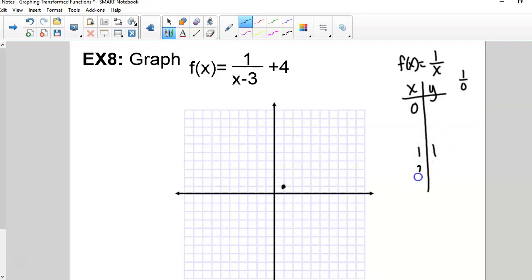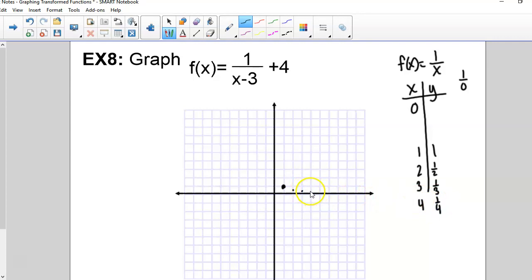Now if I plug in 2, I get 1/2, which is right here. And then 3 would be 1/3, which would be right here maybe. And 4 is 1/4.